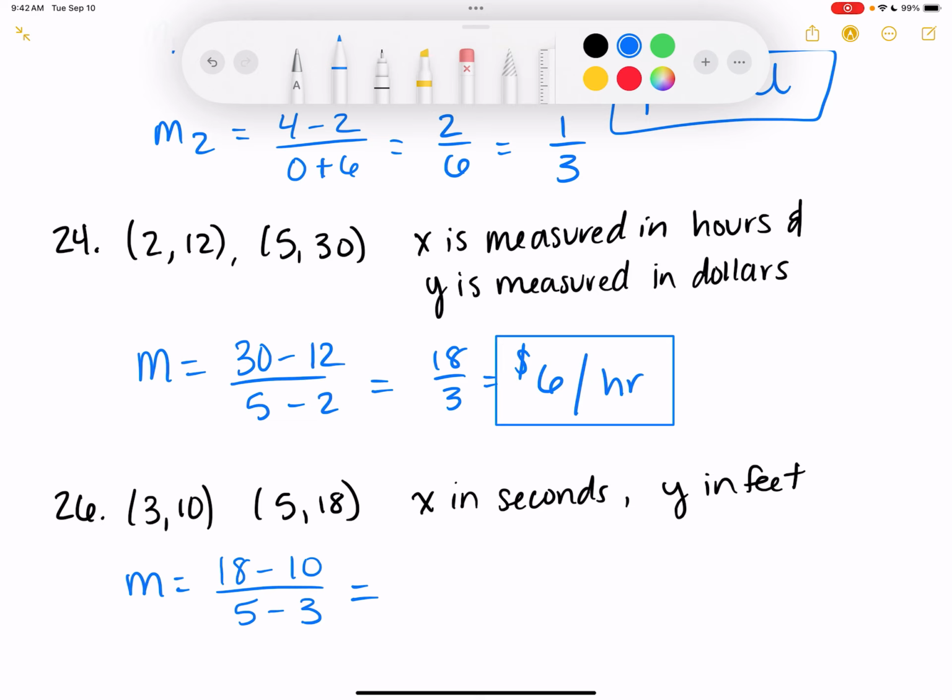Which gives us 8 over 2. It's 4. Finish up. Units. It can be somebody else. Feet per second.